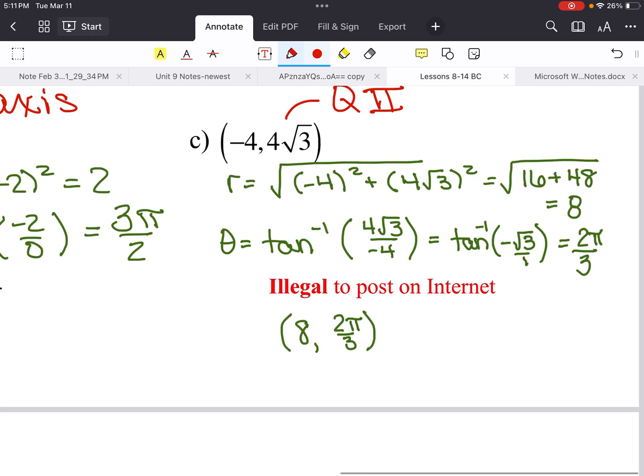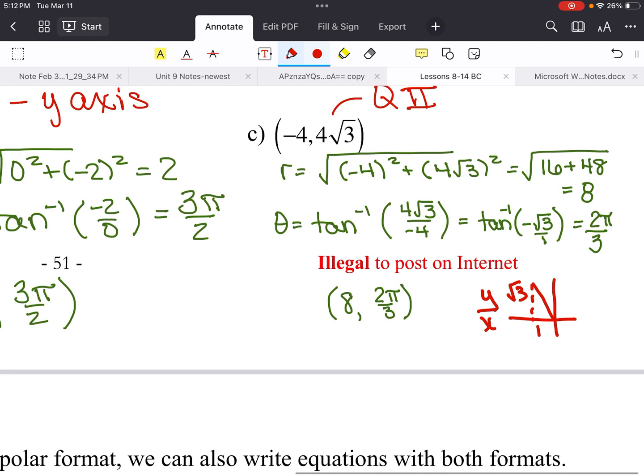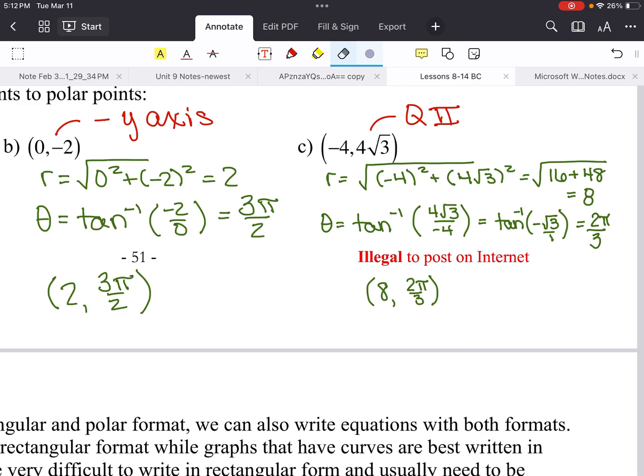So if you're like me, maybe you don't remember tangent as well as you remember the others. So I do remember, though, that tangent is y over x. So I need something on the unit circle that has square root of 3 for a y coordinate and 1 for an x coordinate. Oh, that's way up at the top. That's 2 pi over 3. So there are your radius and your angle.